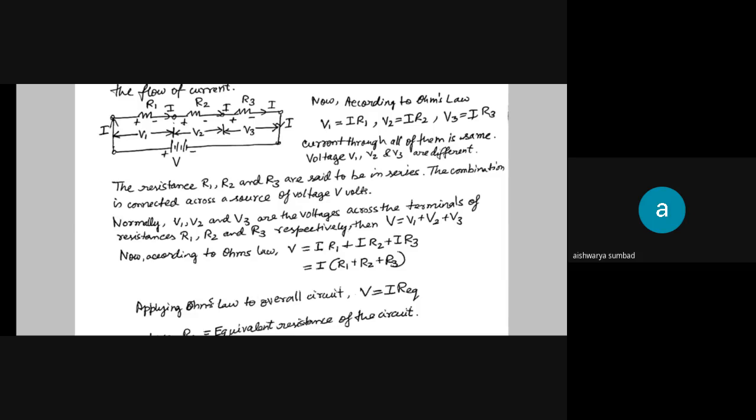Putting the values of V1, V2, V3 into that equation and adding up, according to Ohm's law, V equals IR1 plus IR2 plus IR3, which equals I multiplied by (R1 plus R2 plus R3).